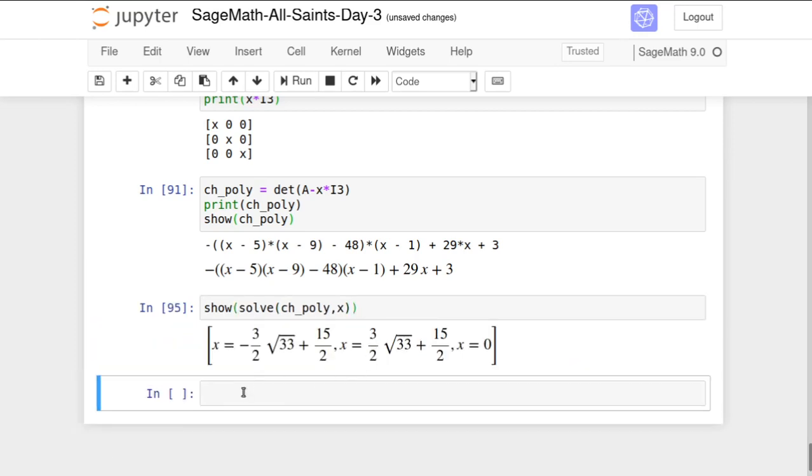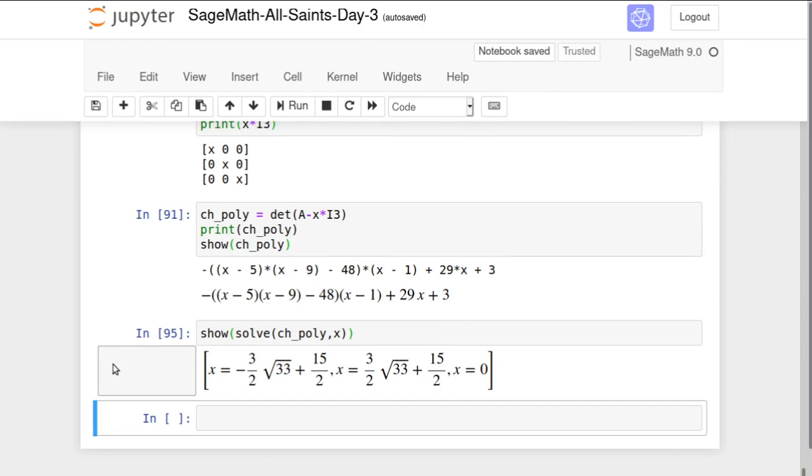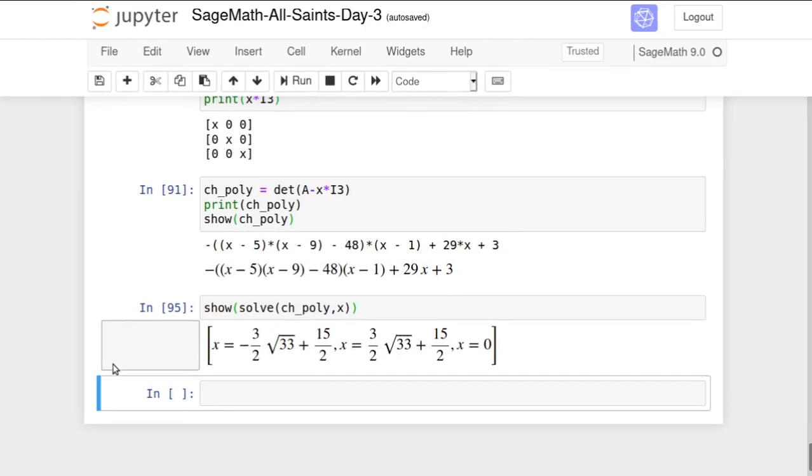We get the answer to be x equal to minus 3 by 2 root 33 plus 15 by 2, x equal to 3 by 2 root 33 plus 15 by 2, x equal to 0. These are the three characteristic roots or eigenvalues. So this is how we find the characteristic polynomial in SageMath.